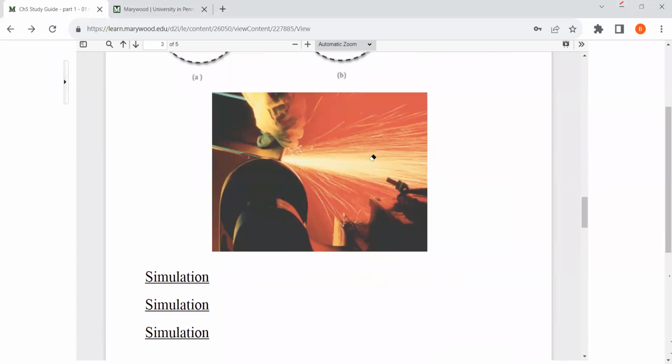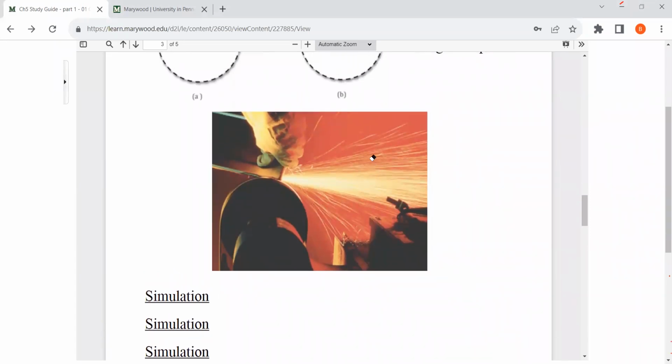In this picture you can also see that some of the sparks are no longer in circular motion, they follow this path, because they lose the centripetal force, so they follow the tangential path.